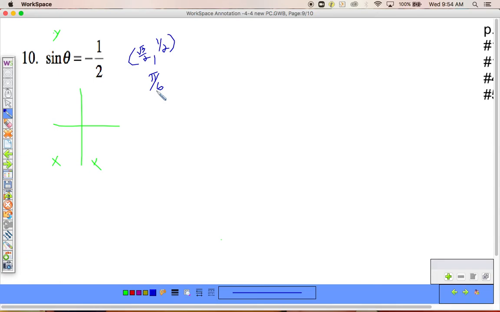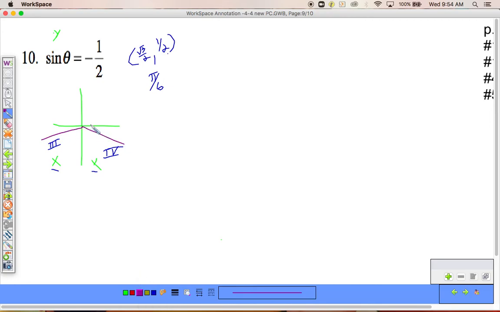All right, so my answer is going to be some form of the reference angle, pi over 6. And I'm going to pick the pi over 6 that's in the third and the fourth quadrant, since sine's negative on the bottom. Sine is y, so my y value is 1/2, which makes my x value square root of 3 over 2.